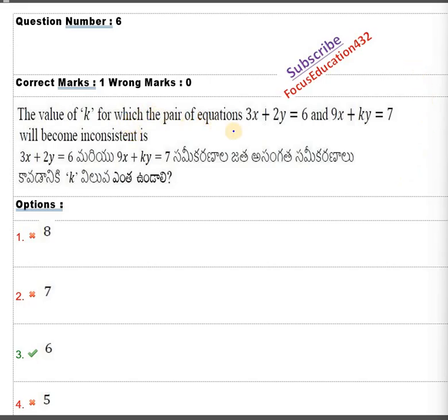The value of k for which the pair of equations given to us will become inconsistent. We need to find the value of k. So inconsistent means A1 by A2 must be equal to B1 by B2. What is A1 here? A1 is 3.